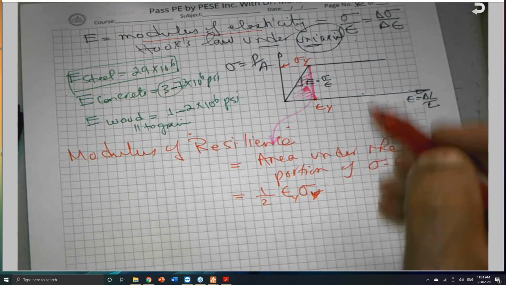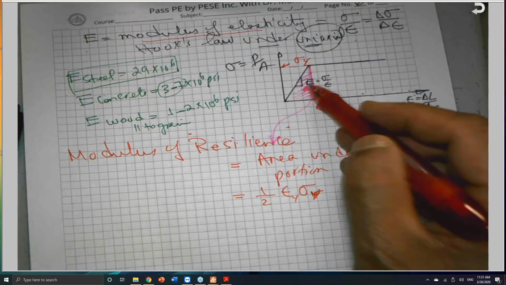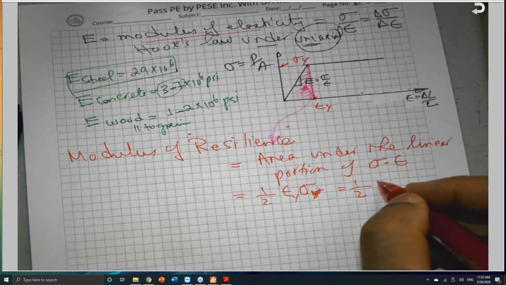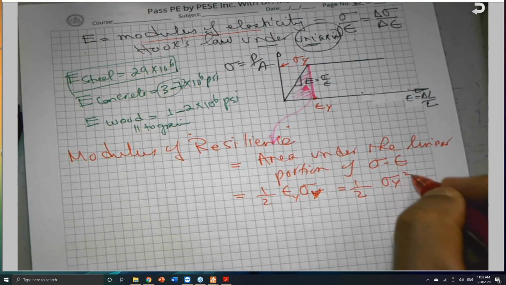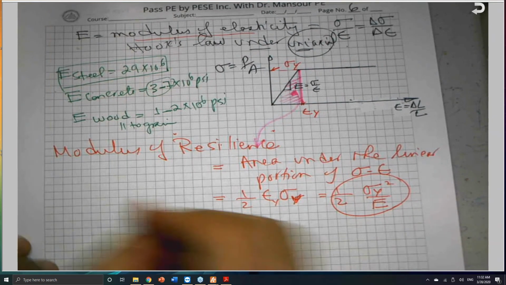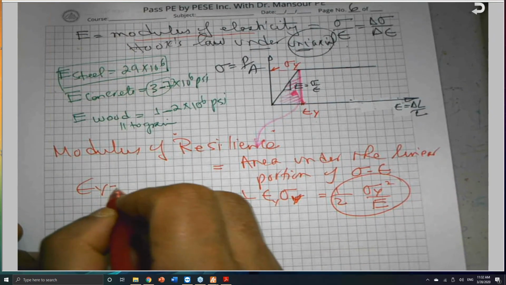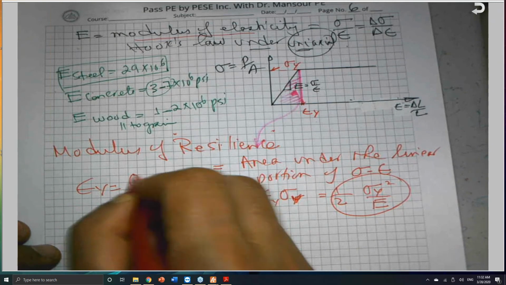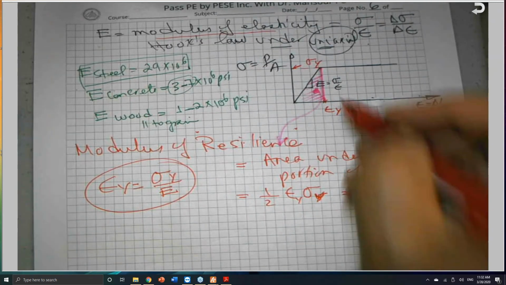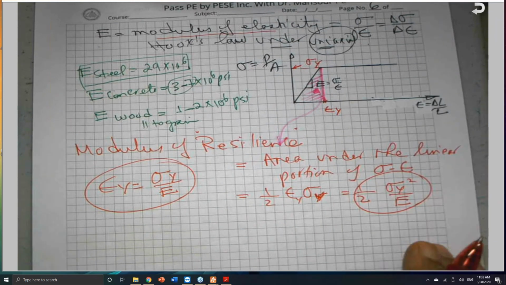And since I know epsilon is equal to sigma over E, I can say this is 1/2 sigma y squared over E. This is another equation, because epsilon sub y is equal to sigma sub y over E from this relationship.